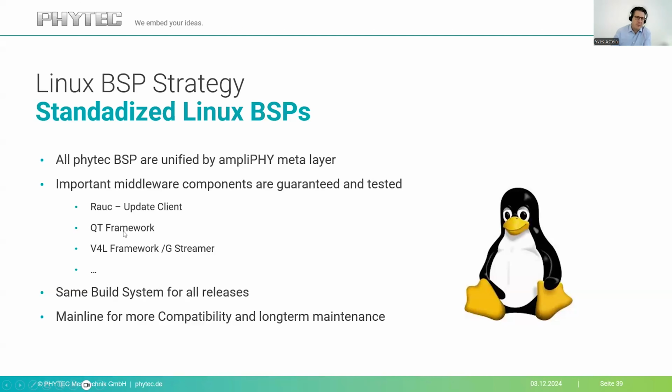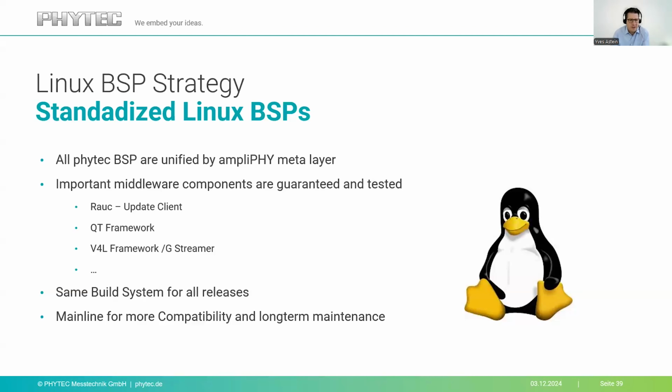Also Qt framework and Video for Linux framework, GStreamer, and many more middleware components are guaranteed. You always have the same build system. It's Yocto based for all releases with our build scripts, which are always the same for each product.